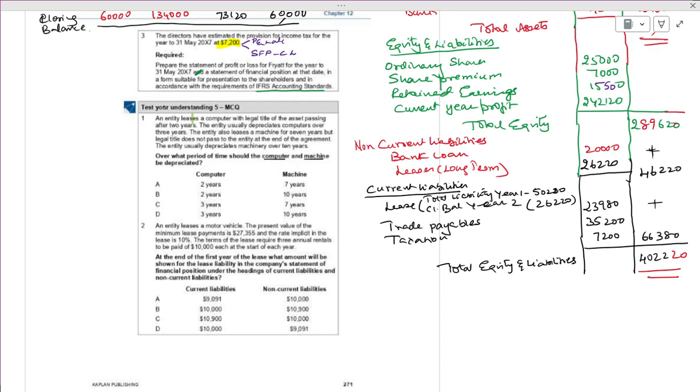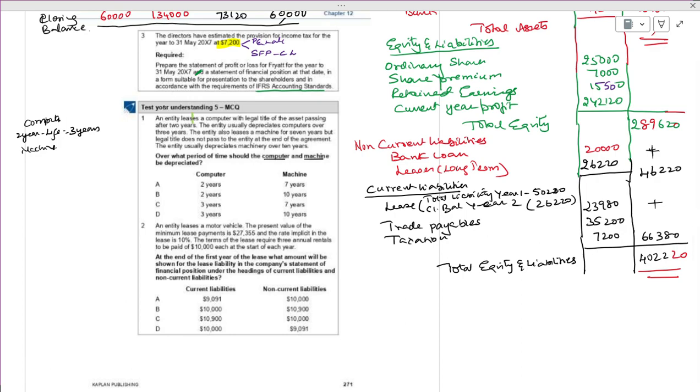Listen carefully. An entity leases a computer, with the asset passing after 2 years. Is it right? What is the life? Life is 3 years. Machine is how much?